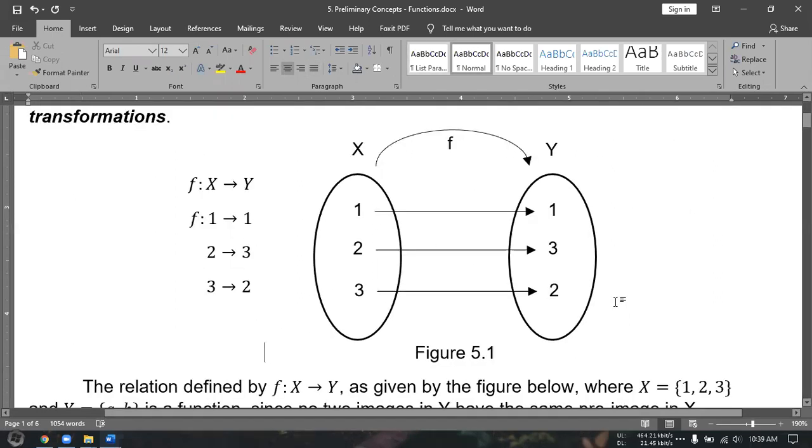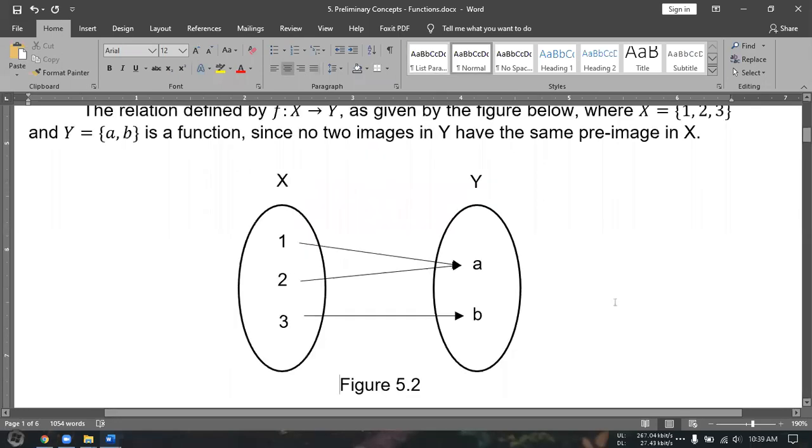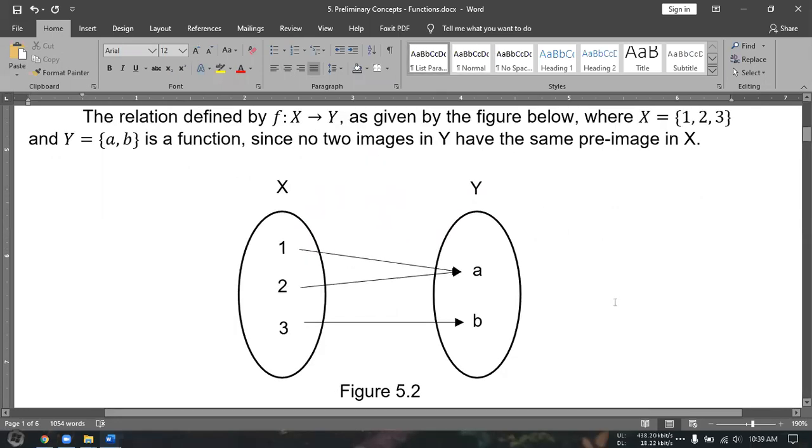Now, the relation defined by x maps to y as given by the figure below, where the elements of x are 1, 2, and 3, and the elements of y are a, b, is a function since no two images in y have the same pre-image in x. This also defines a function, because if we return to the definition of a relation and a function, this particularly describes a many-to-one relation.